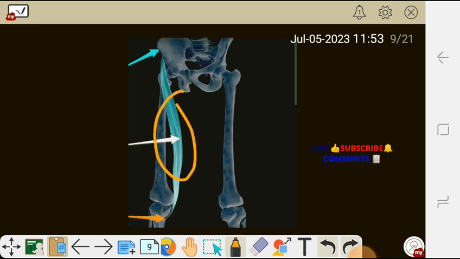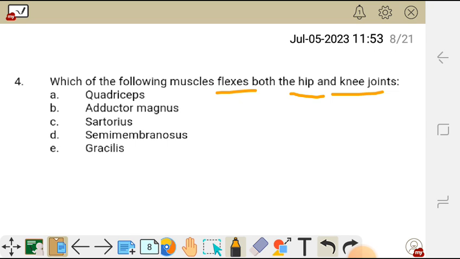So if this muscle contracts, it's going to flex the femur, and it is also going to flex the leg there. So it flexes both the hip and the knee joint. Correct answer is sartorius muscle.